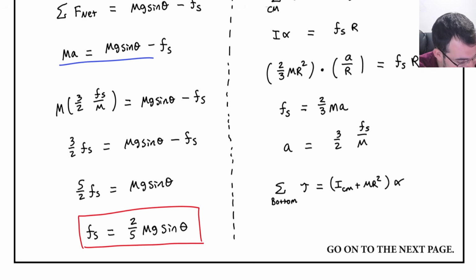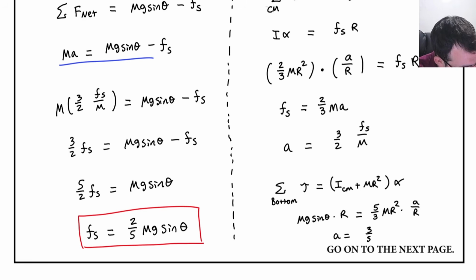So you get this relationship that mg sine theta times r is equal to I_CM, which was 2/3, plus mr squared. You get 5/3 mr squared times a over r, and you would get a is equal to 3/5 g sine theta.